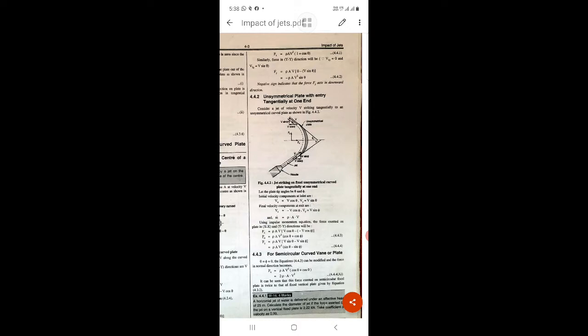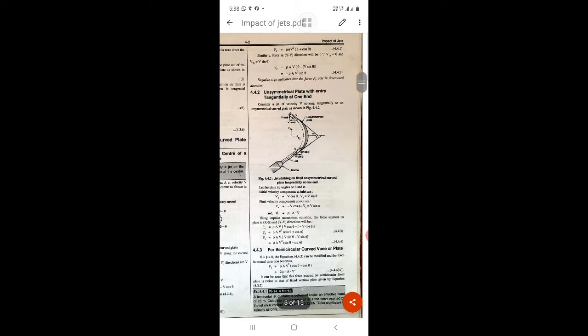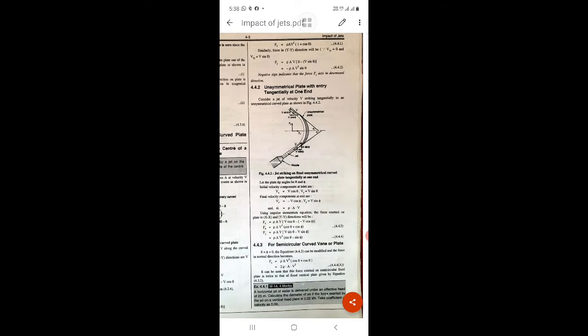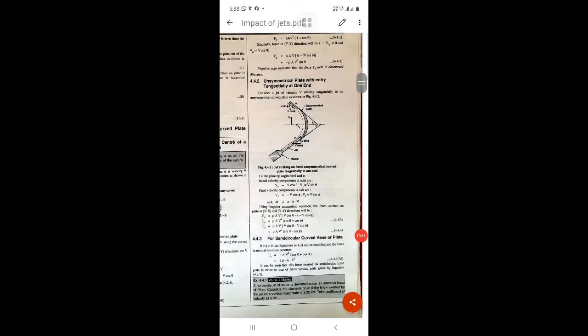Impact of jet on symmetrical curved plate, curved fixed plate. For a semicircular curved plate, theta is equal to phi, so the sine terms will be 0.